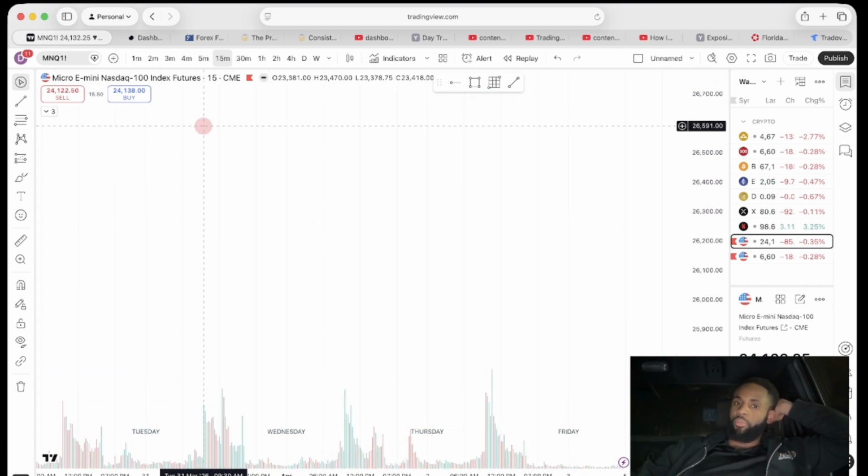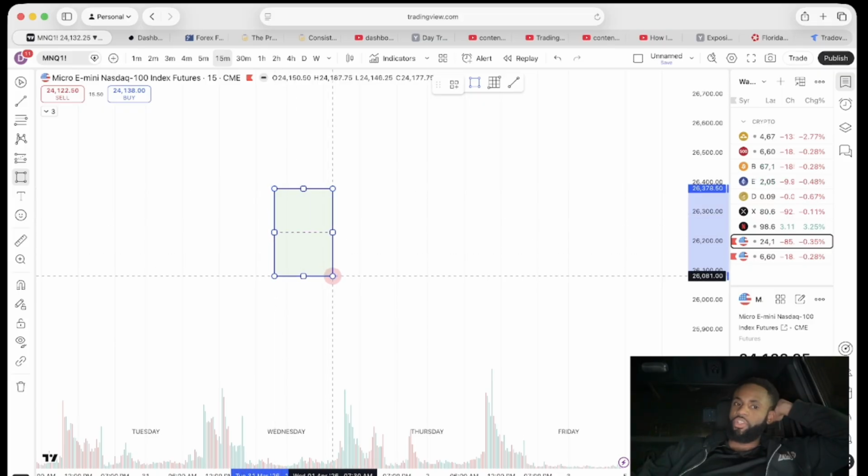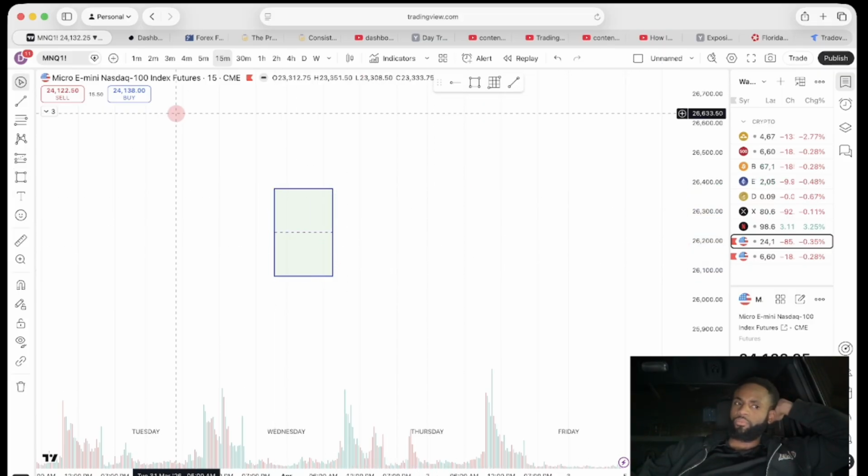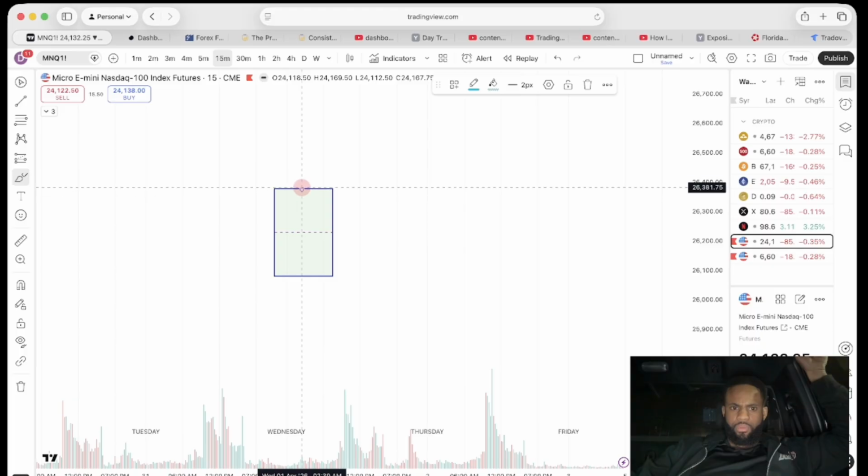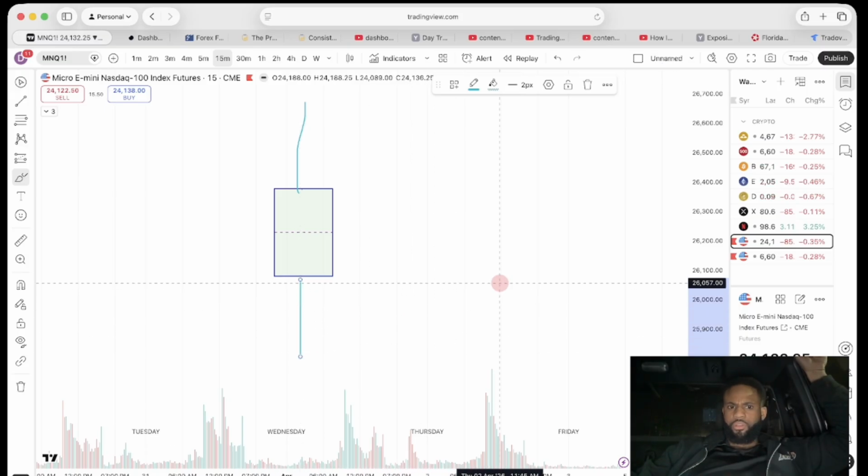So let's zoom up here. Let me just draw it out for you guys. Imagine this is a candlestick.